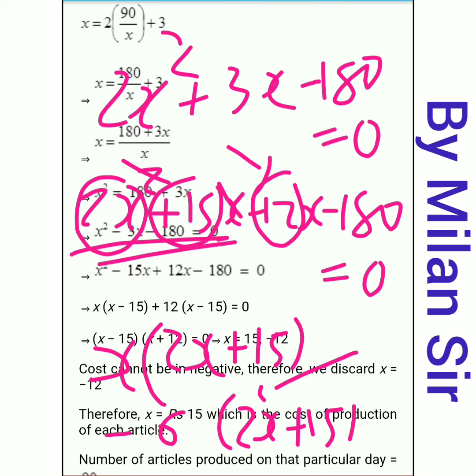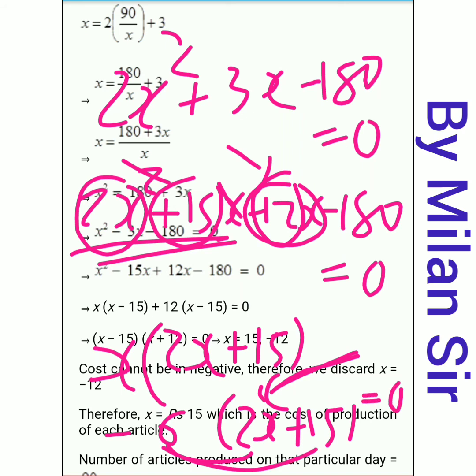So outside we put 6, so that 6 times 2x is 12x, and 15 times 6 is 180, with minus, minus, is equal to 0.